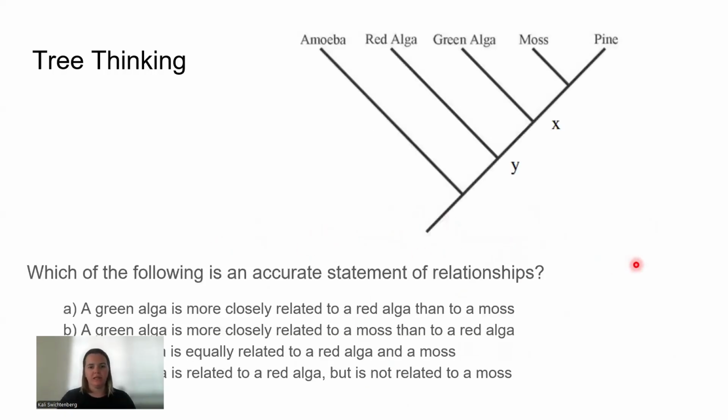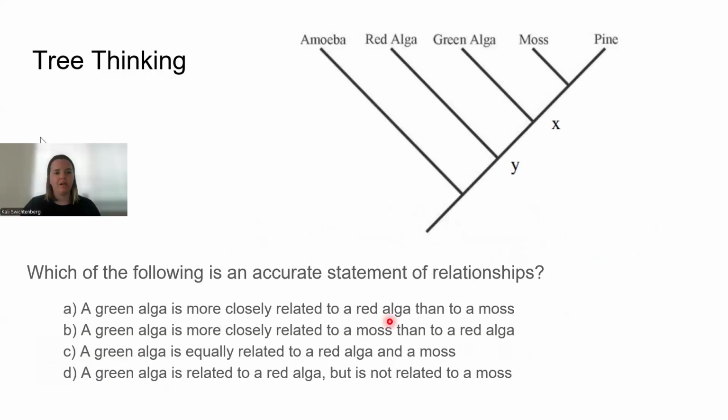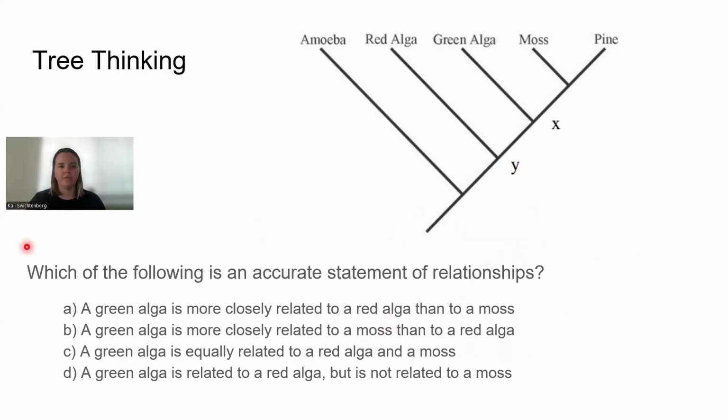The question is, which of the following is an accurate statement of the relationships within this phylogeny? Is green alga more closely related to red alga than it is to a moss? Is green alga more closely related to a moss than it is to a red alga? Is green alga equally related to a red alga and a moss? Or is green alga related to a red alga but is not related to moss?